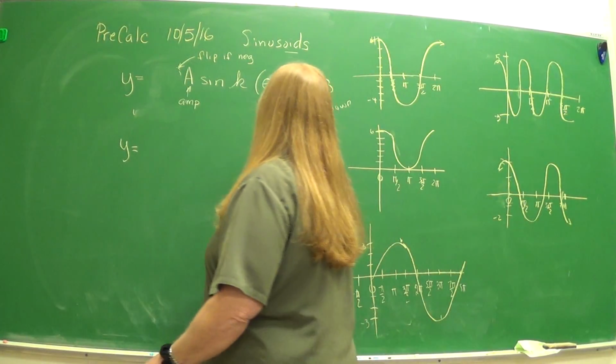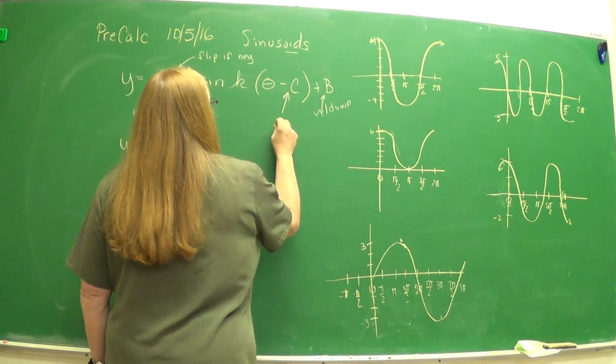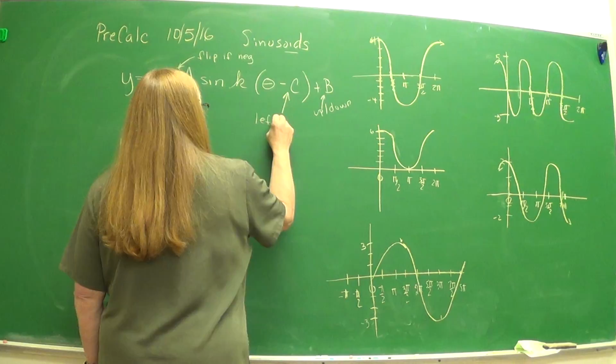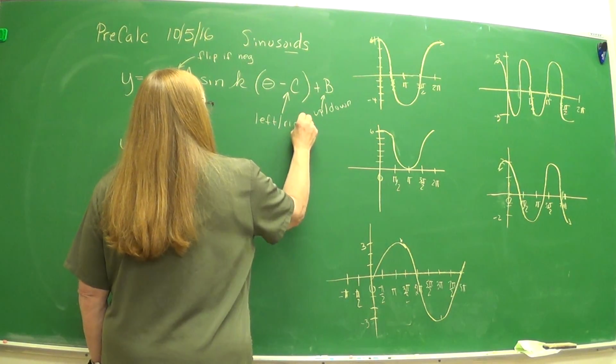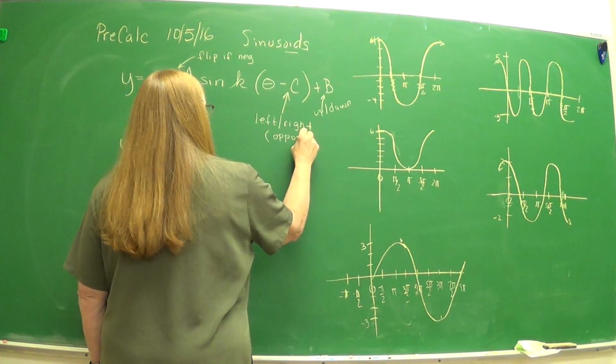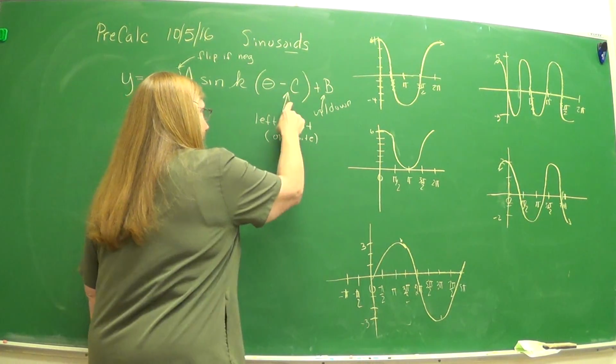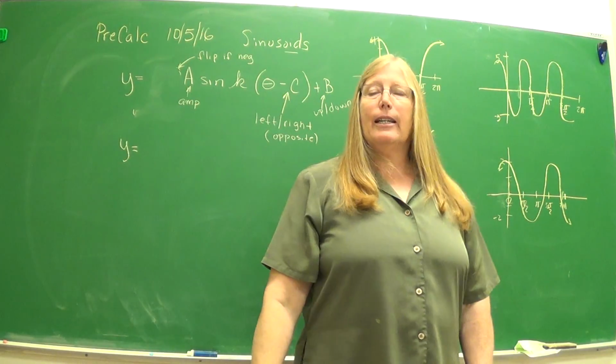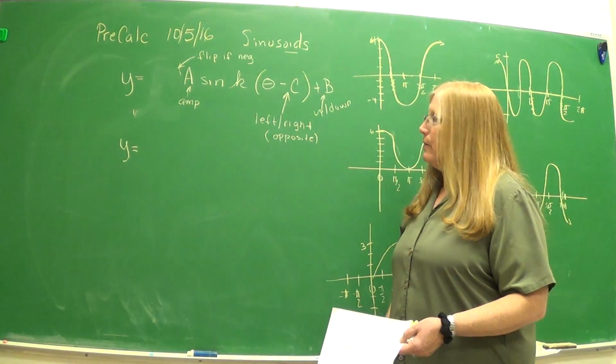All right, then we did the minus C, and that was the left-right. The only trick about that was it's the opposite of what it looks like. So a positive number there would be a shift to the left, and a negative number would be a shift to the right.